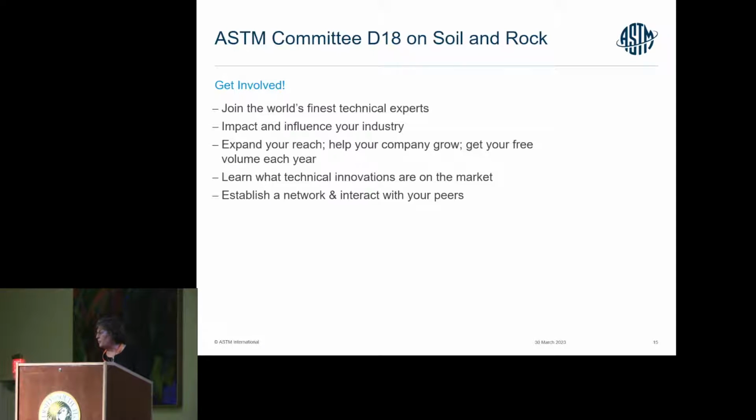Now, I've been a member for over 30 years, so I have a literal library of standards. It takes up a lot of space, but it's okay, because it really helps with proposals, testing, and assisting clients. And that alone has been a huge boost to our business. If you've ever tried to buy an ASTM book of standards, I think they're around $400, so it's a good value.